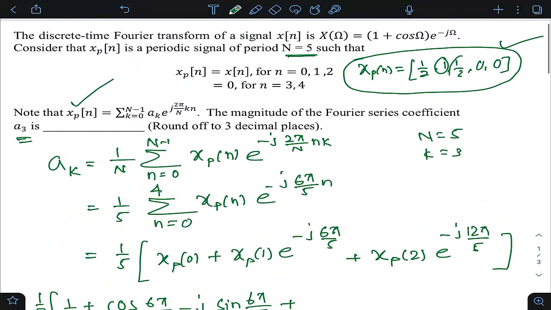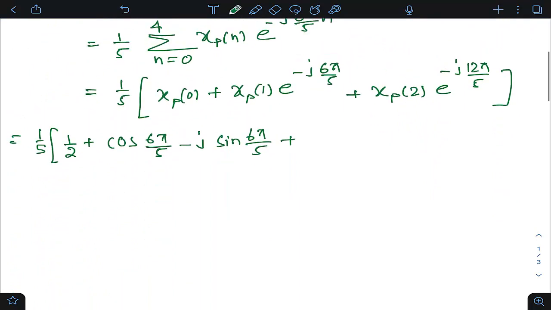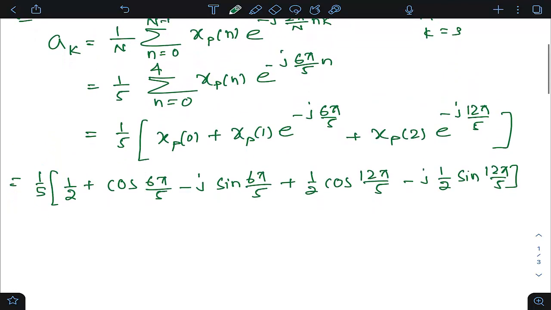What is xp of 2? xp of 2 is half. So this is half of cos 12 pi by 5 minus j into half of sine 12 pi by 5. This is what we are finding: A3. So this was Ak, and what you are finding out is A3. So this is your A3 coefficient.